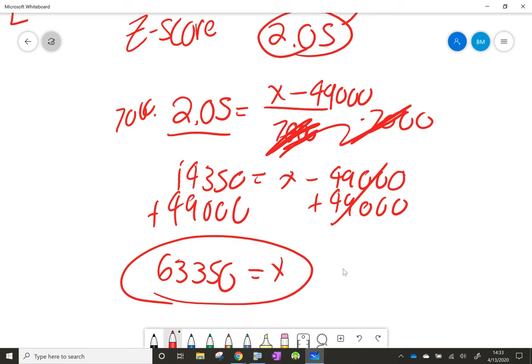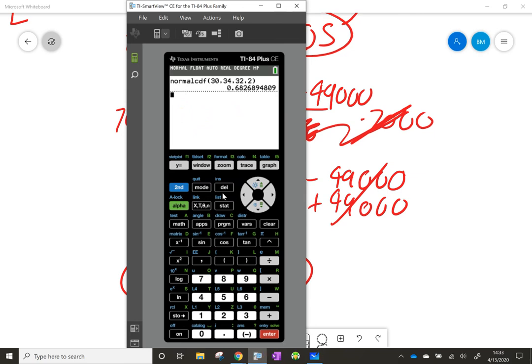Okay. So now with a calculator, here's how this would work. It's a little bit different. When you go to second vars, you're going to click on inverse normal because now you're actually working backwards. We know the area would be 0.98 because we're looking for the top 2%. So the area here that we have to calculate is the bottom 98%, as I mentioned.